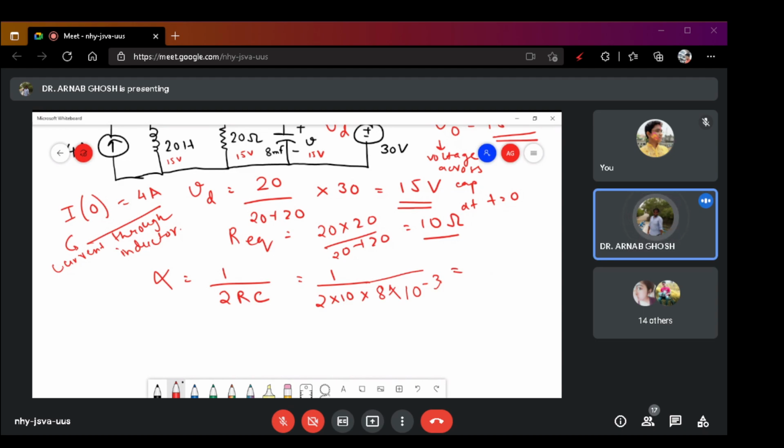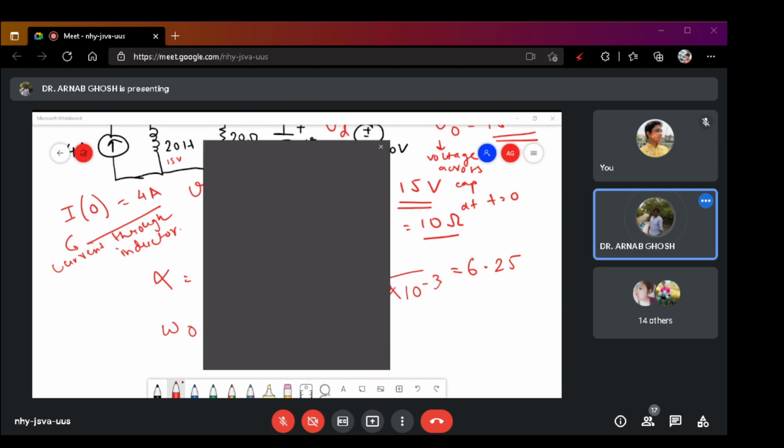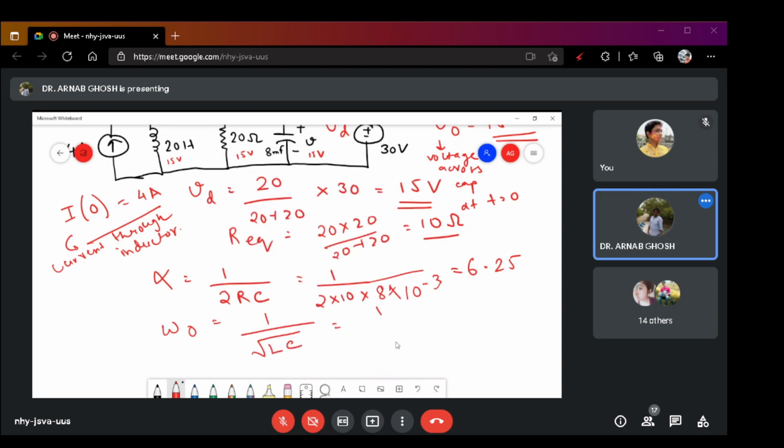Alpha will come out to be 6.25. You calculate omega 0, which is 1 by root over LC. That is 1 by root over 20 into 8 into 10 to the power minus 3. So this will come out as 2.5.